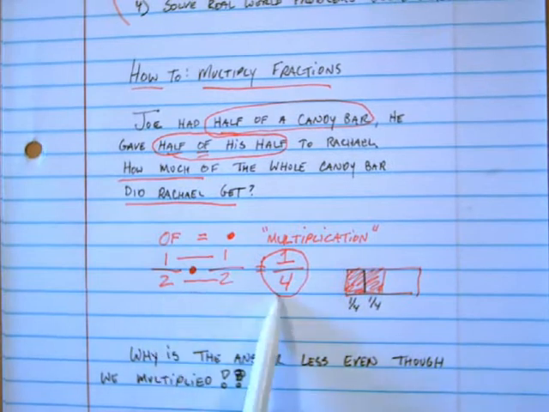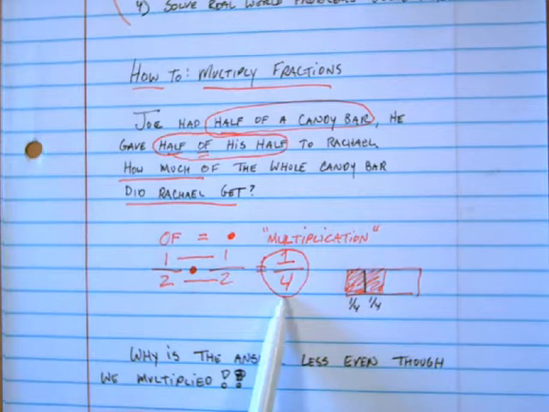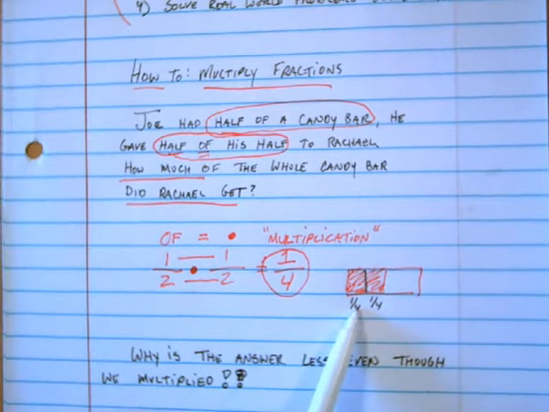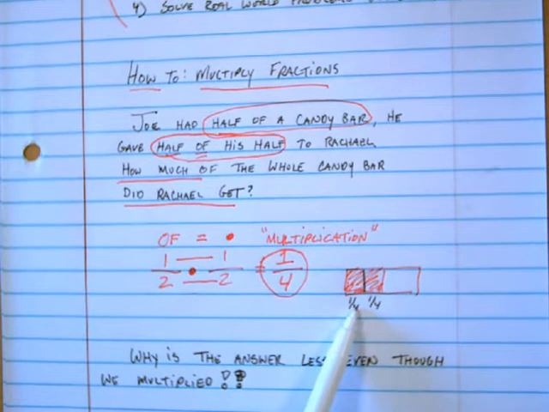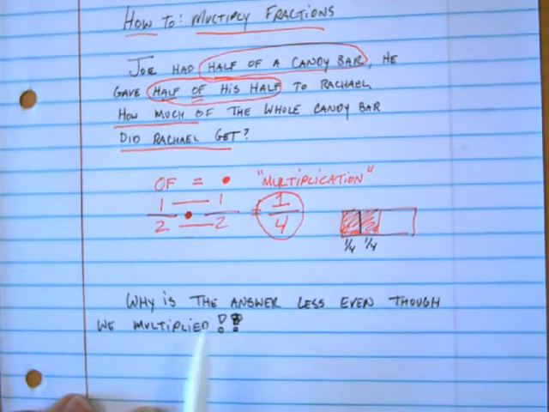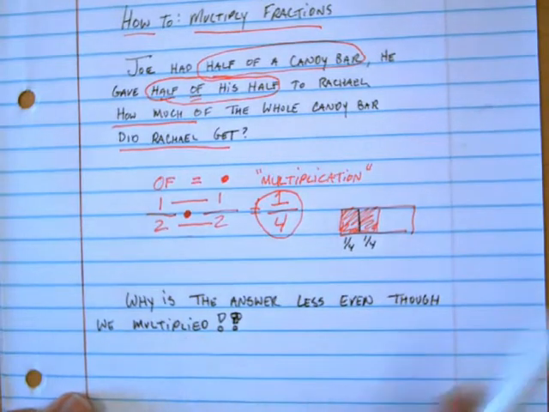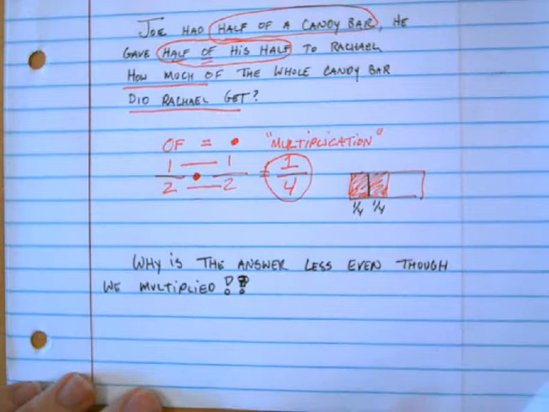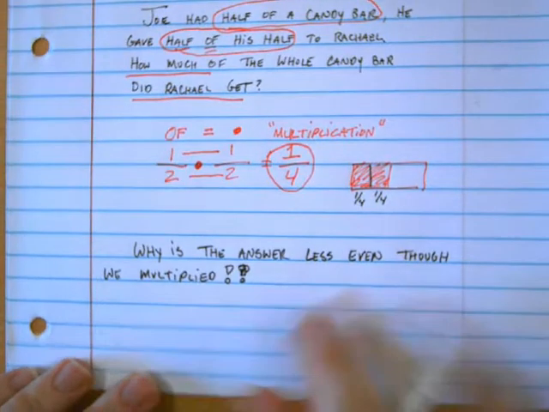Now, here's the weird thing. We are multiplying, but we actually got an answer that's smaller. That doesn't happen when we're multiplying a whole number by a whole number, but it can happen if I'm multiplying by a fraction or a decimal. We talked a little bit about this in the previous module. But here's the question I really want you to understand the answer to. Why is the answer less even though we multiplied? Well, here's the reason.